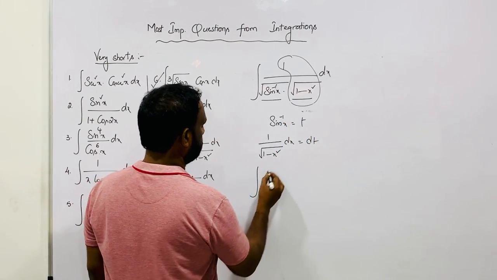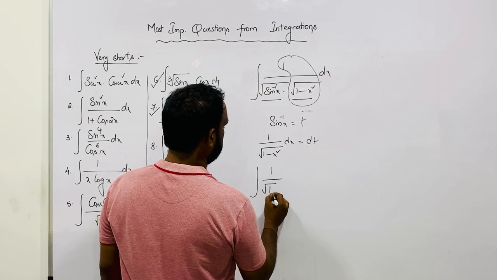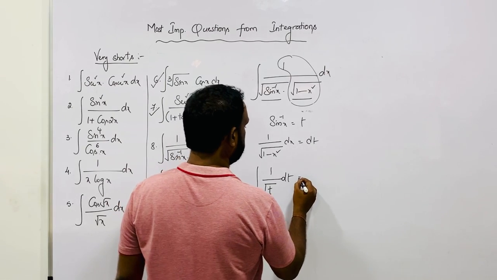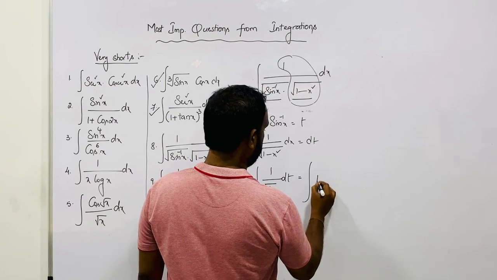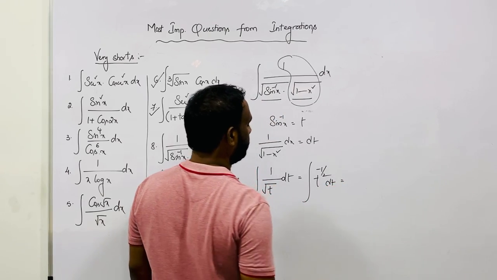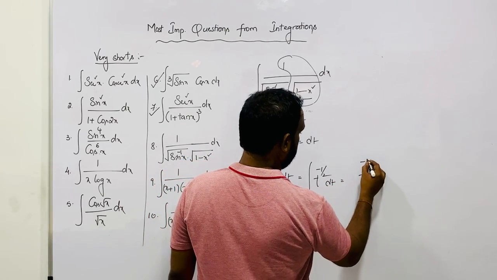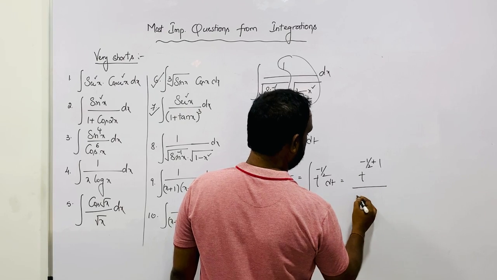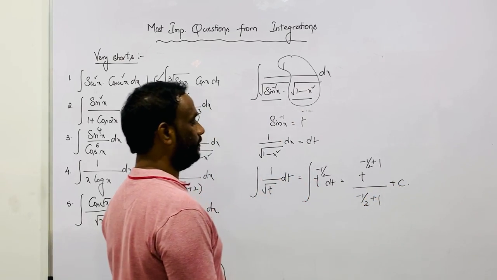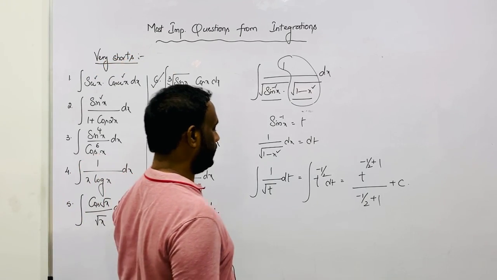Now the problem changes into 1 by root t dt. Then writing this as t power minus half dt, that is in the x power n form, apply t power minus half plus 1 divided by minus half plus 1, plus c, where c is the constant of integration.